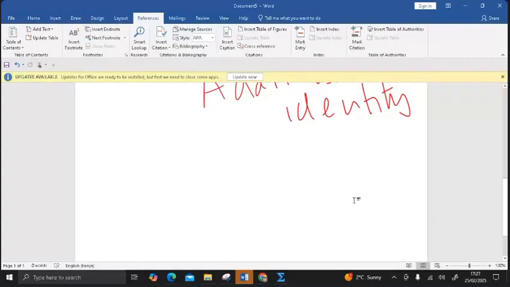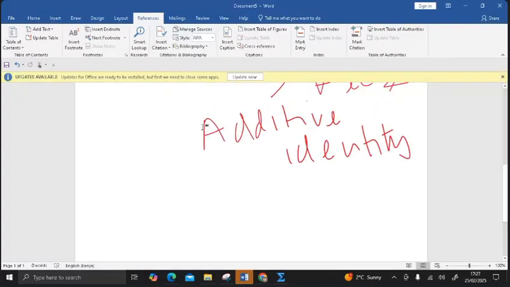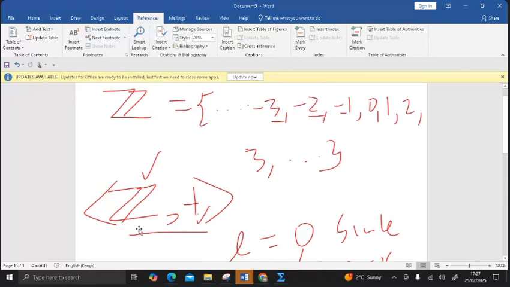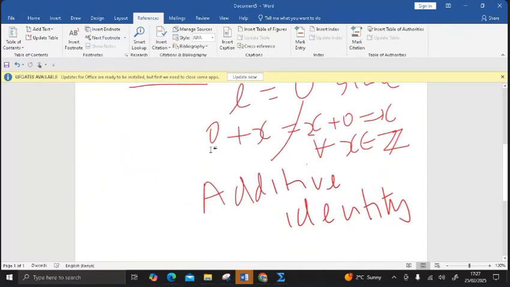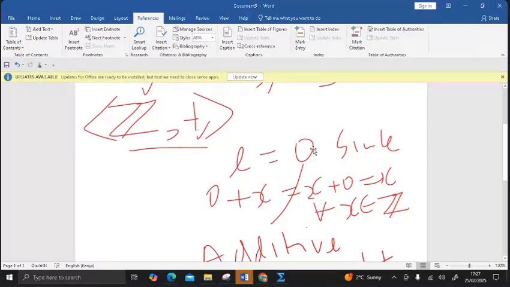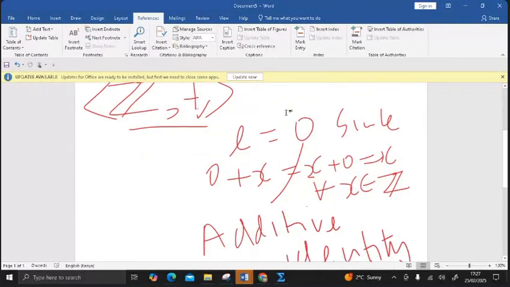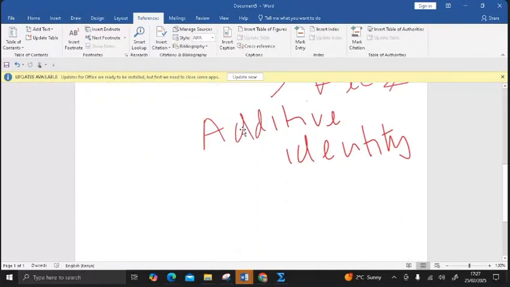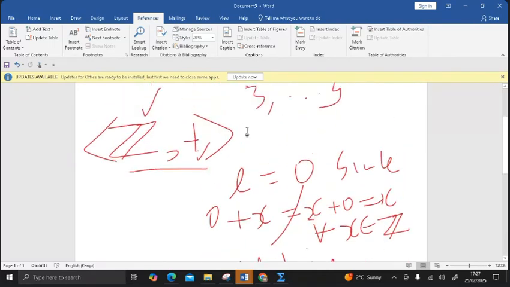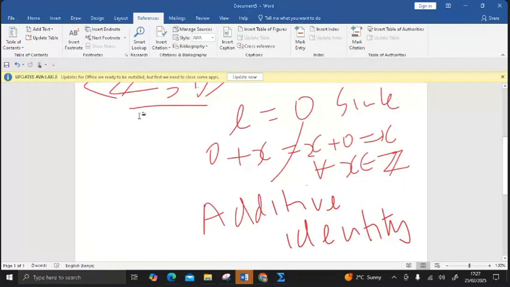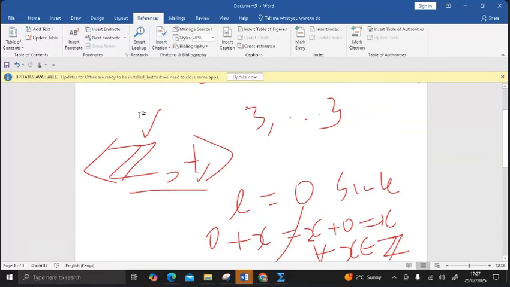For your information, this is something we must have a clear idea of, even before defining what groups are, and this is what I wish to mention. Kindly look at this. We've talked about the set of integers equipped with addition, and we've seen that it has an additive identity 0.